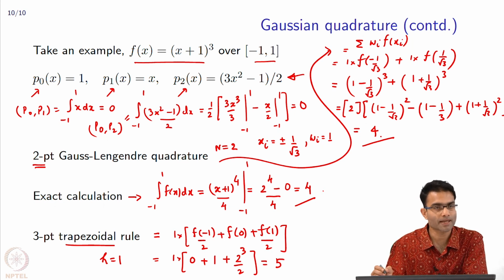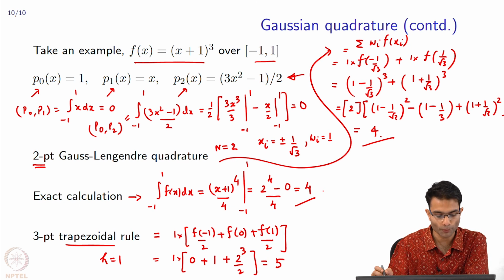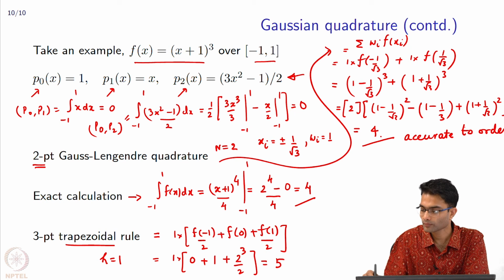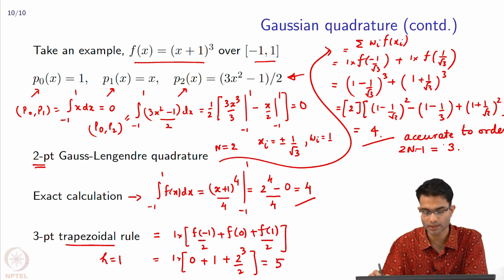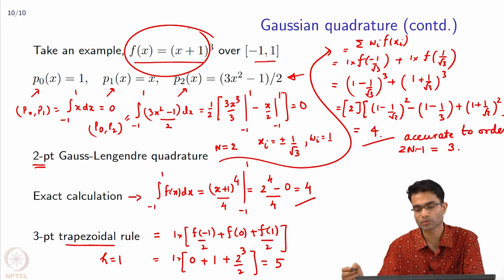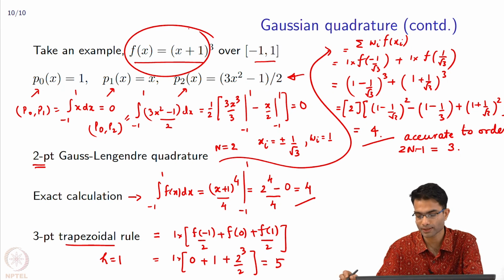This should not surprise us, because we know that a 2-point Gauss quadrature rule is accurate to order 2n minus 1, and in this case n is 2, so this is accurate to order 3. My given function is a cubic polynomial, so it is no surprise I got the correct answer because all the conditions are satisfied.